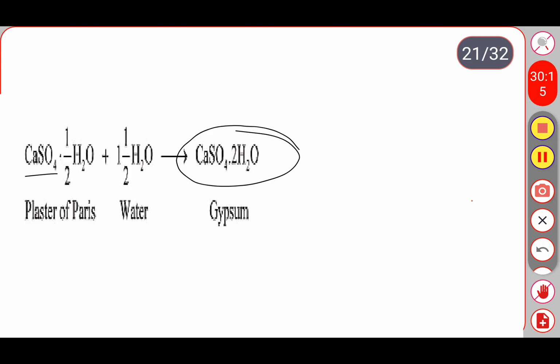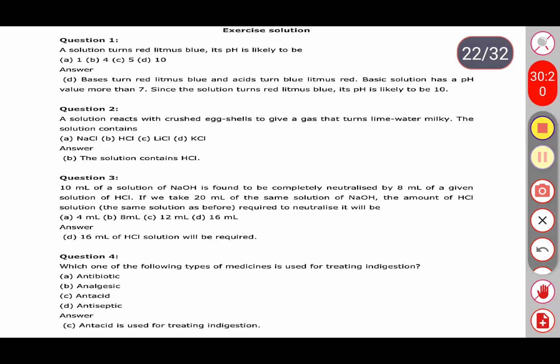First one: a solution turns red litmus blue. Its pH is likely to be: option A is 1, option B is 4, option C is 5, option D is 10. The correct answer is option D, 10. A base turns red litmus paper blue and an acid turns blue litmus paper red. A basic solution has a pH value more than 7.